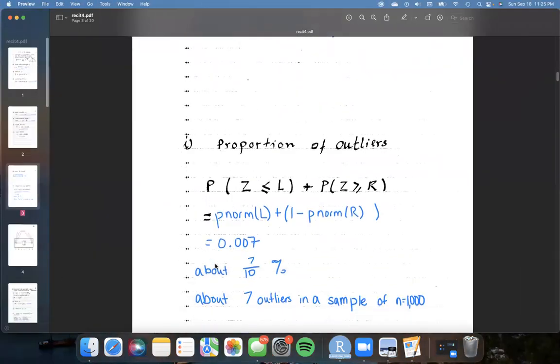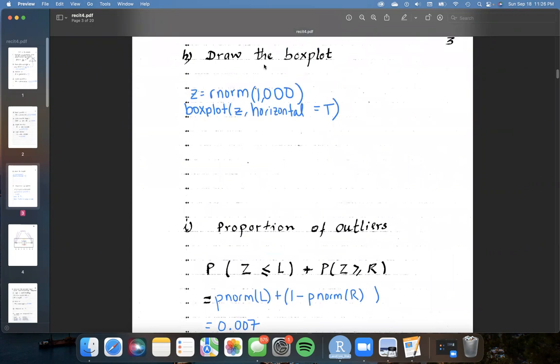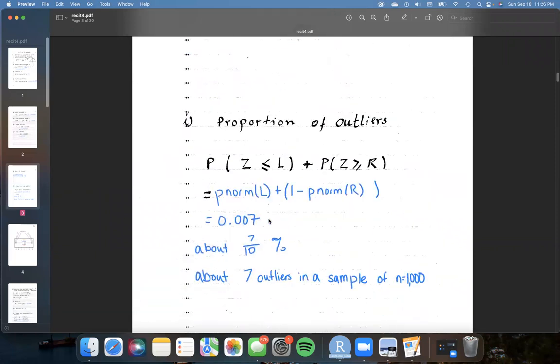That's about 0.7%, or about 7 outliers in a sample of 1,000. The reason I'm saying out of 1,000 is because we set up our z to be 1,000 data points. Okay.